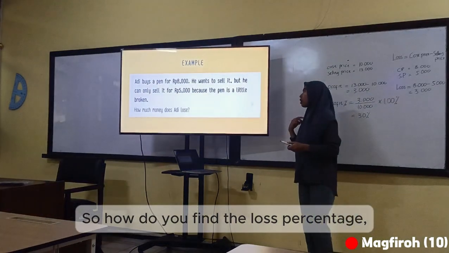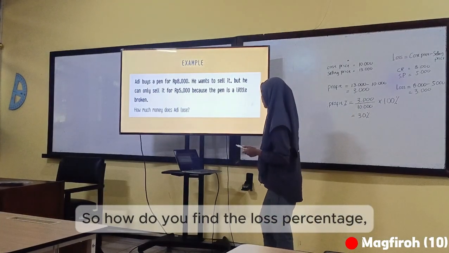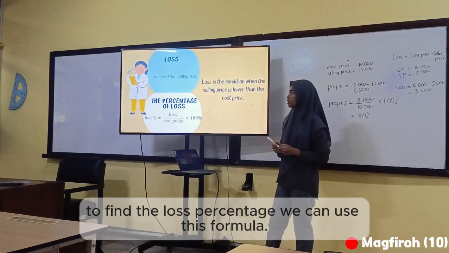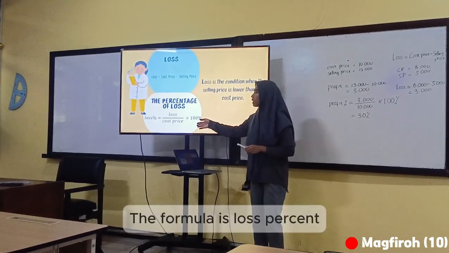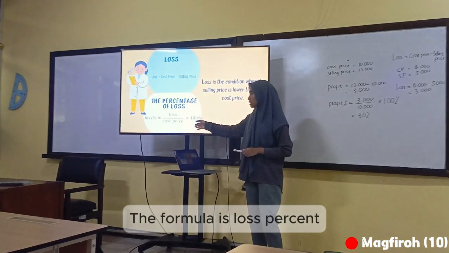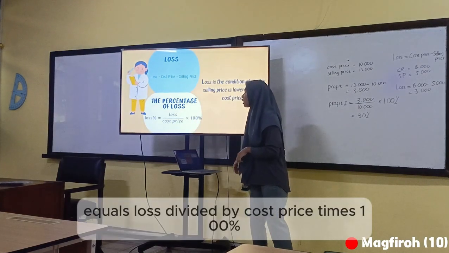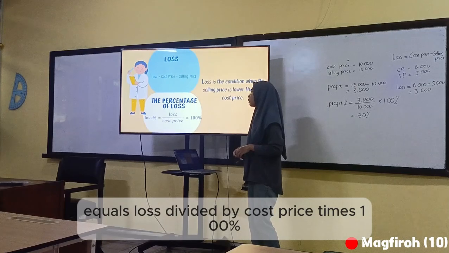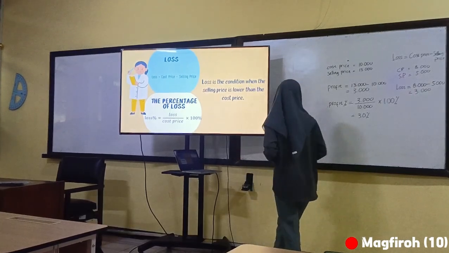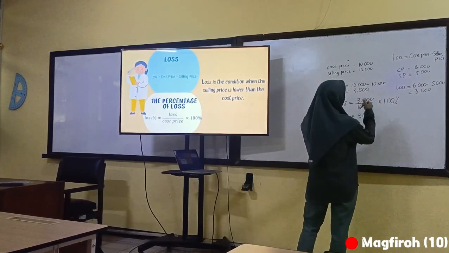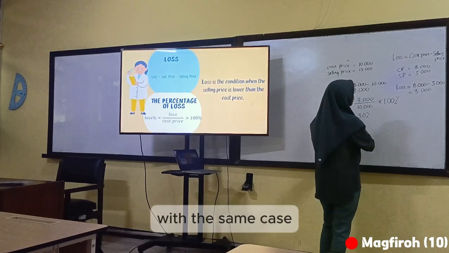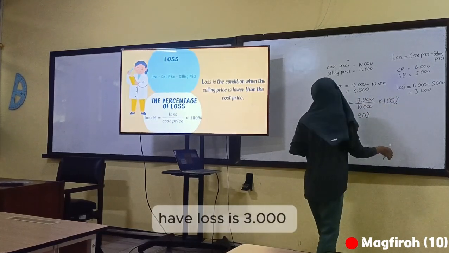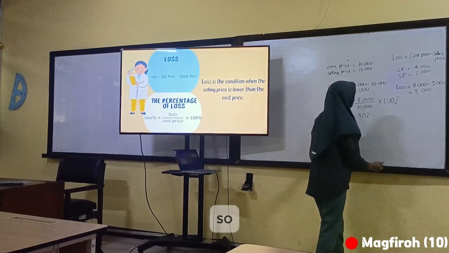So how do we find the loss percentage? To find the loss percentage, we can use this formula. The formula is loss percent equals loss divided by cost price times 100%. So, with the same case, we have loss is 3,000 rupiah.